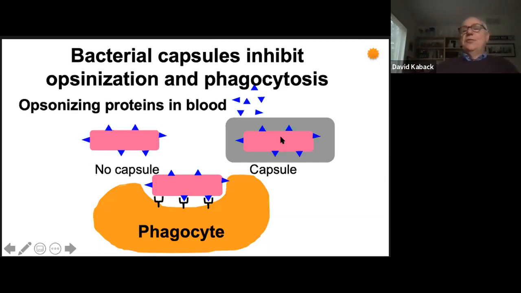So the capsule is a very important part of preventing phagocytosis for those encapsulated organisms. And you're going to hear about many, many pathogens that are an encapsulated gram-positive organism, an encapsulated gram-negative organism. So capsules are very important virulence factors.